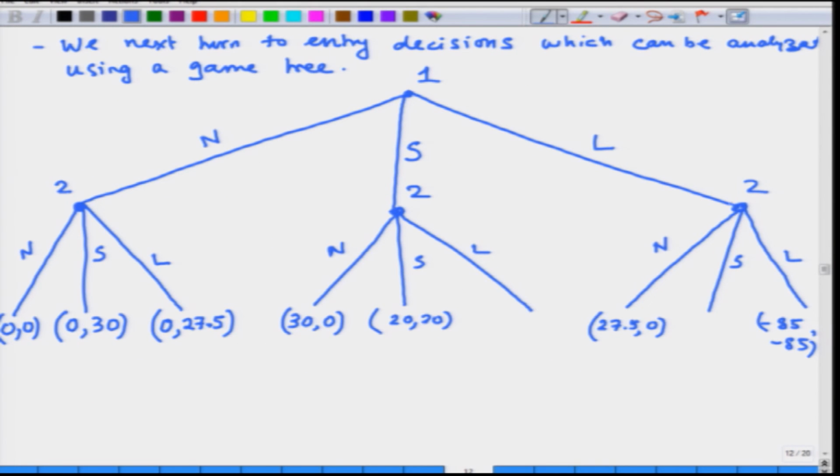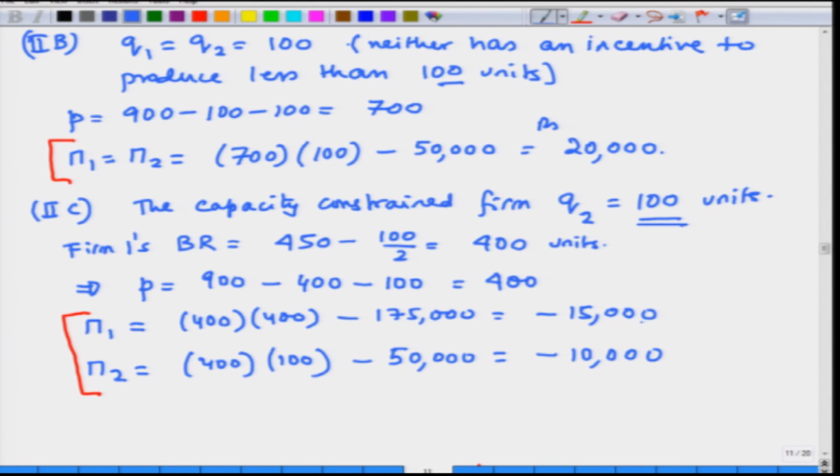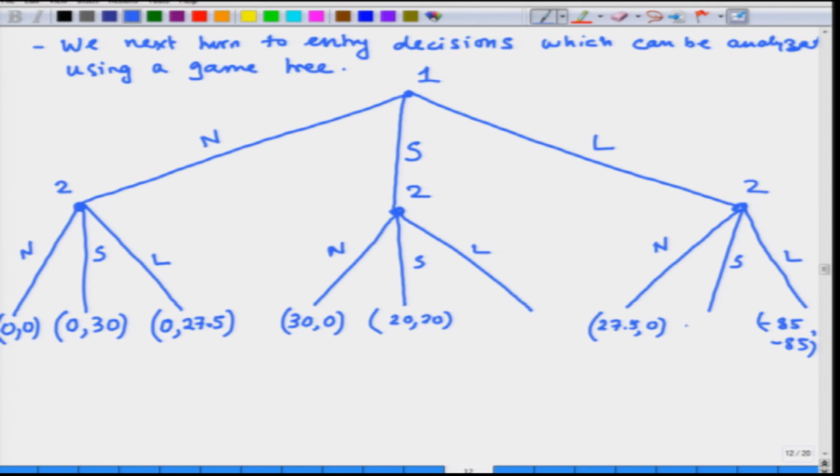So, firm 1 has invested in a large capacity, so its profit is minus 15,000, firm 2 is capacity constrained, its profit is minus 10. So, this is minus 15 comma minus 10, and similarly by symmetry this is going to be minus 10 comma minus 15.